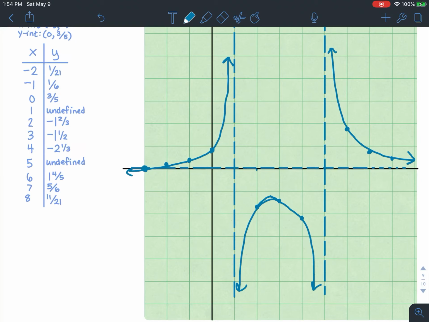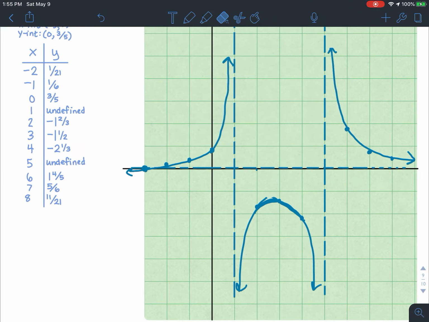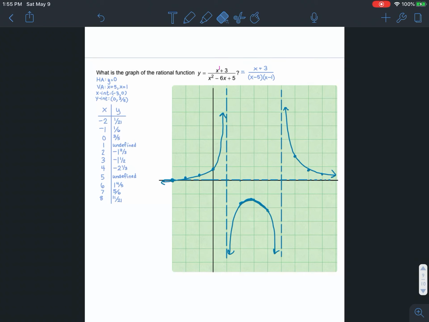I kind of messed that up a little bit, but it doesn't peak that much, and I also checked it on my calculator, so I knew it didn't peak that much. Certainly when you're practicing, you want to do this by hand, but you check it on your calculator. You'd be crazy not to.